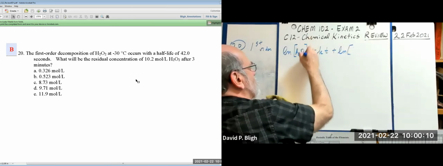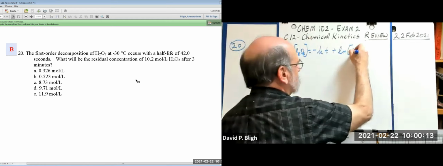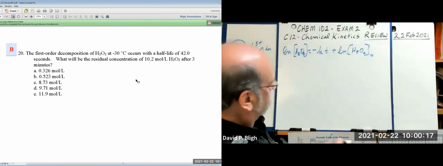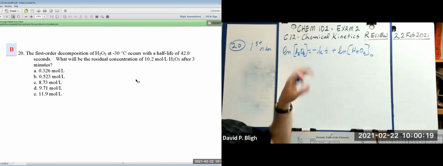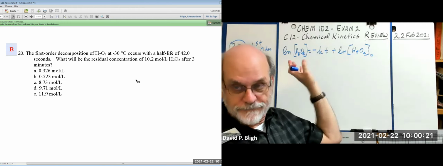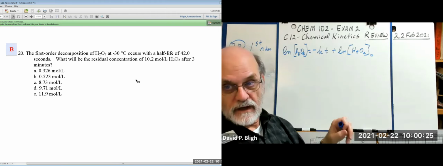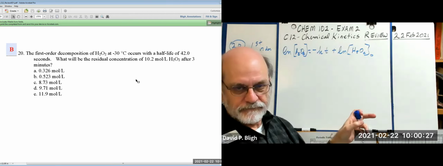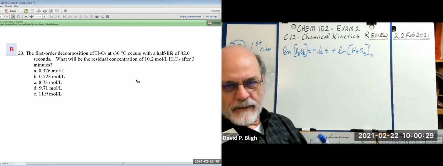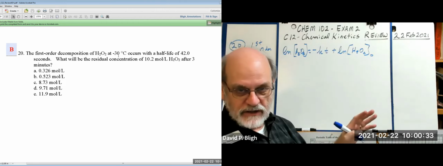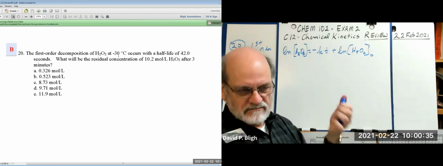H2O2 and H2O2. There you go. So that would be the form of our first order decomposition of hydrogen peroxide. The temperature is irrelevant because we're given the data and the temperature is not changing.